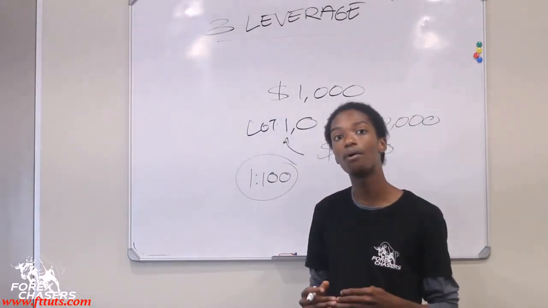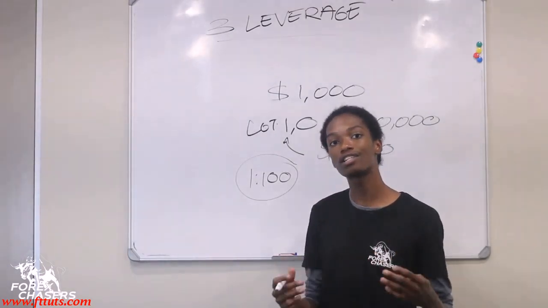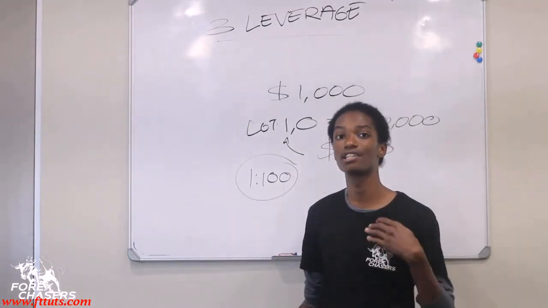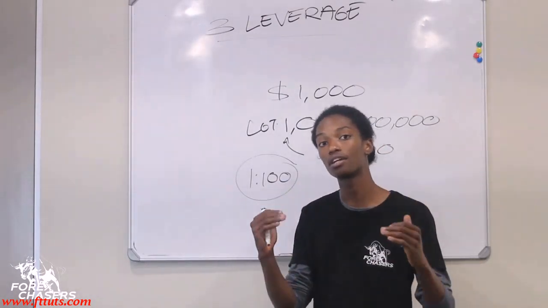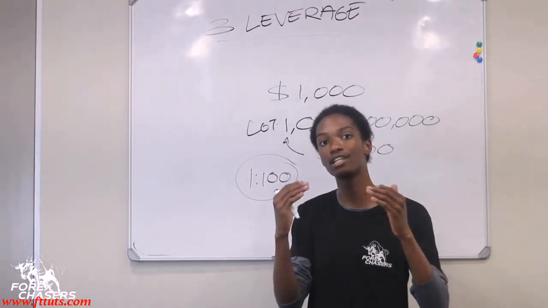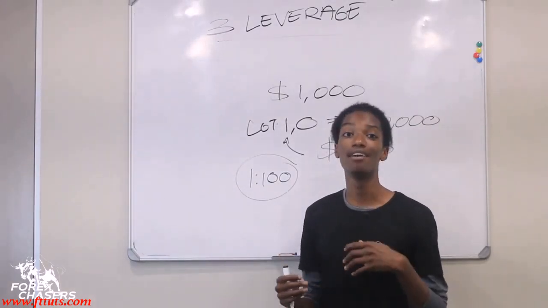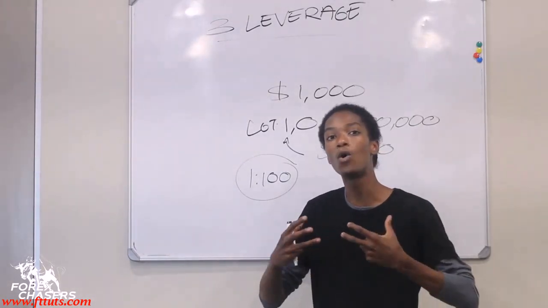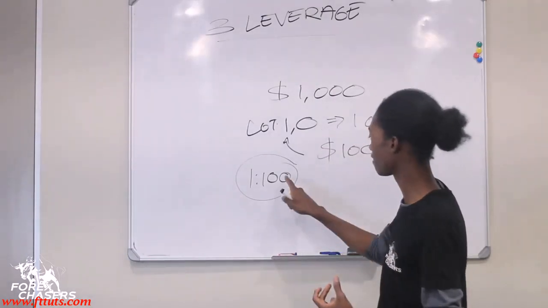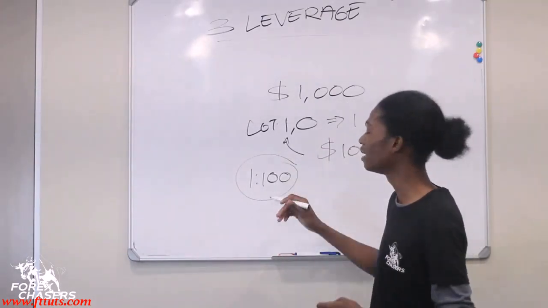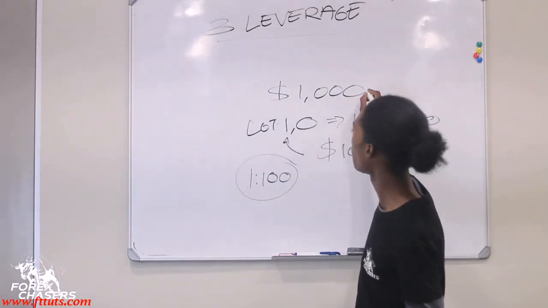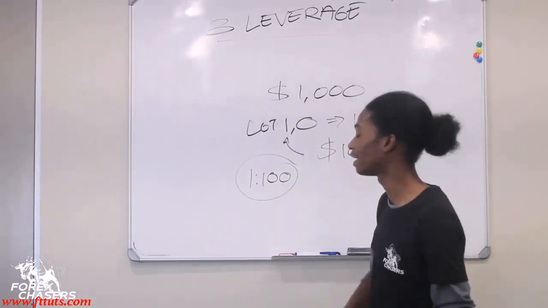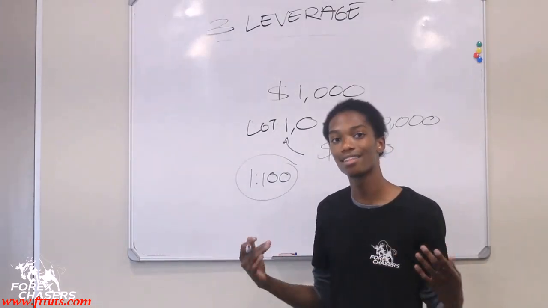What this will do is decrease the margin that is required from us by the broker. The reason why the margin decreases is because our leverage is increasing. We have more buying power. So using this leverage is equivalent to us having, for example, our $1,000 account multiplied by 100, which is equal to $100,000.